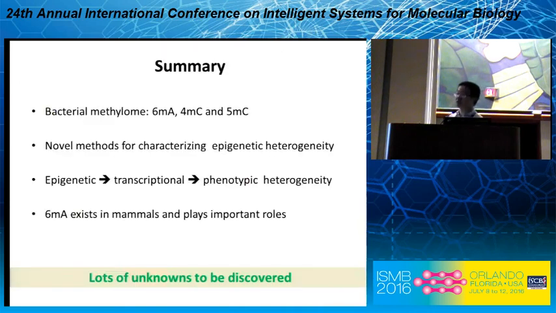So now here's the summary. I hope I gave you some idea about these 4 major points. First, the bacterial methylome has 3 types of methylation: 6-MA, 4-MC, and 5-MC.